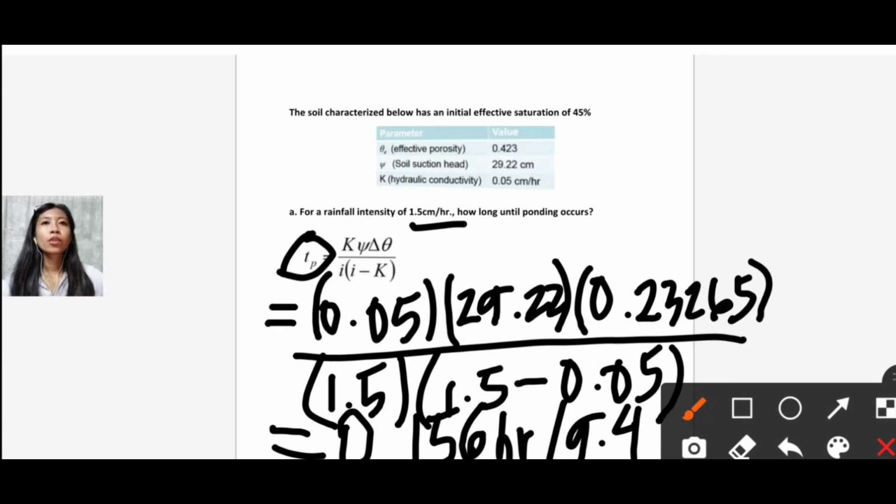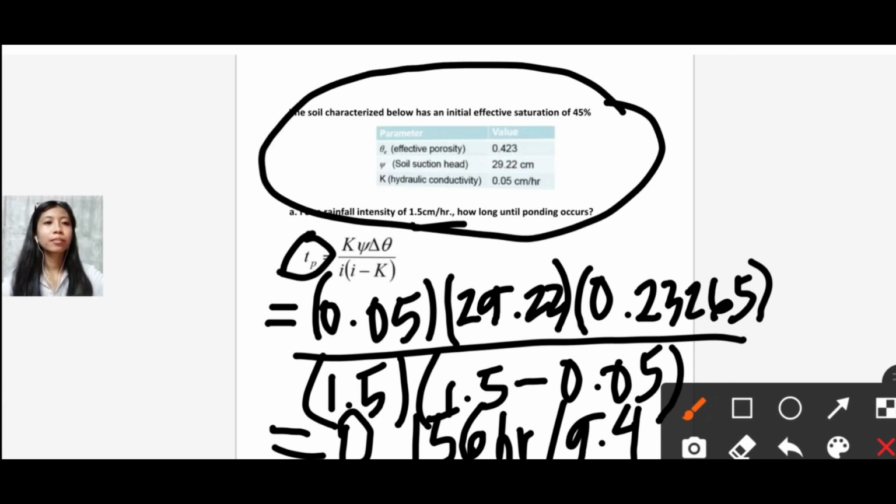So the first 9.4 minutes of any precipitation that falls will be absorbed by the soil. That means after 9.4 minutes, that is when ponding starts in this situation. So far, any questions? You may calculate it by yourself as well.